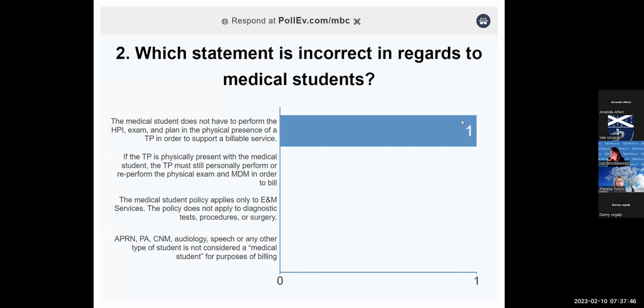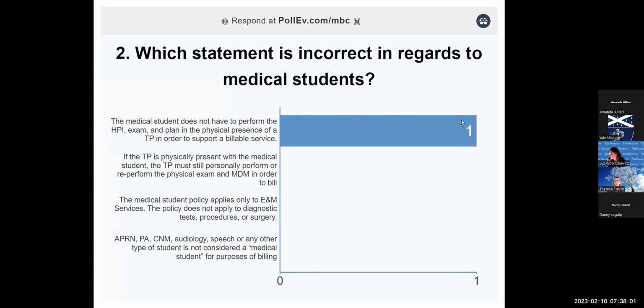This does not apply to diagnostic services or procedures or surgery. And 4, APRN, PA, certified nurse midwife, audiology, speech, or any other type of student is not considered a medical student for purposes of billing.